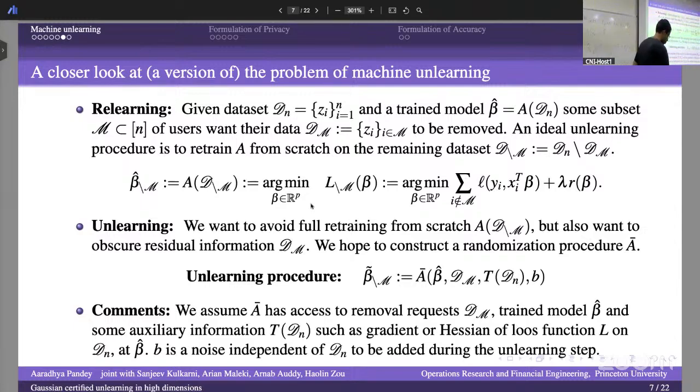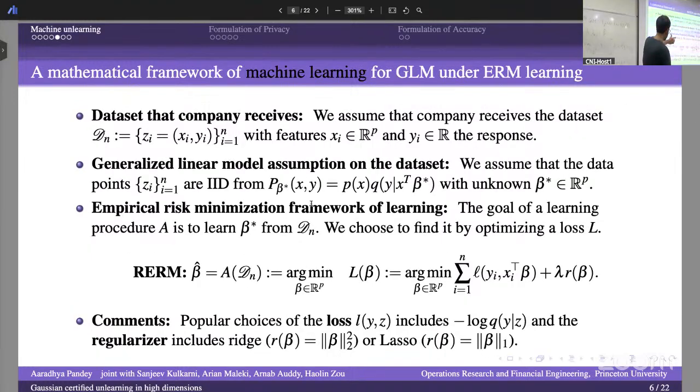Let me go back a little bit. Here you see this beta hat is actually a deterministic procedure. Why? Because given the data set Z1 through Zn, beta hat is a deterministic function of Z1 through Zn. That's what I mean by a deterministic algorithm.